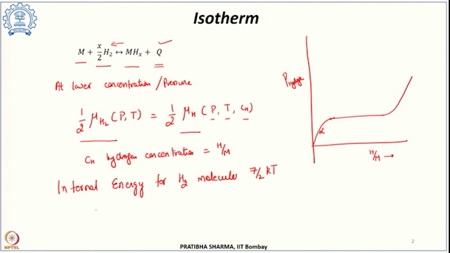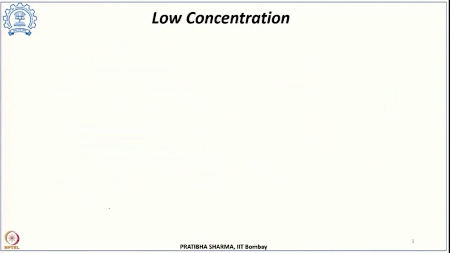Correspondingly, if we note down the enthalpy and entropy, the enthalpy is 7 by 2 kT minus the dissociation energy. So E dissociation is the dissociation energy of the hydrogen molecule into hydrogen atoms.